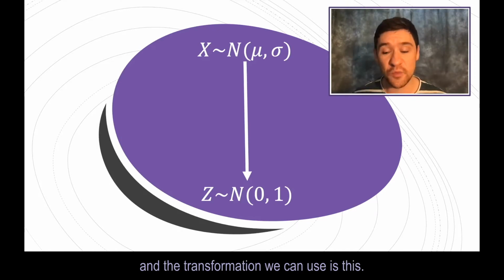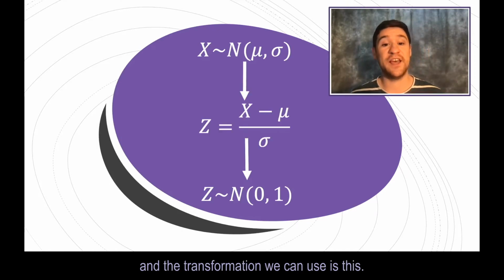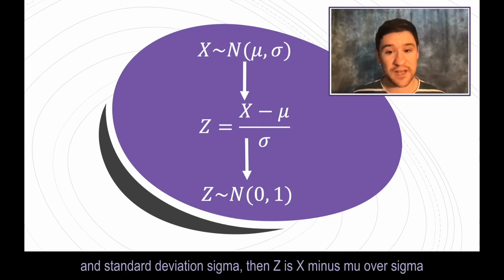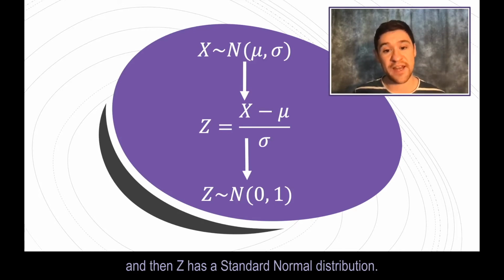And the transformation we can use is this. If x is a normal distribution with mean mu and standard deviation sigma, then z is (x minus mu) over sigma, and then z has a standard normal distribution.